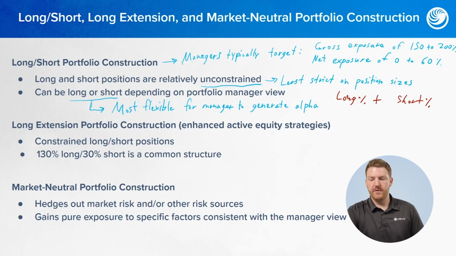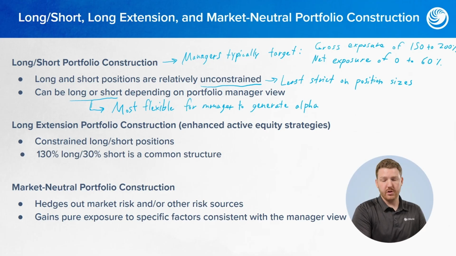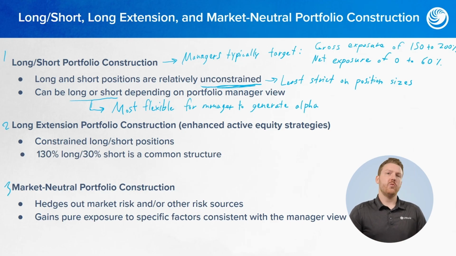So if you were 50% long and then you were 50% short, then your net exposure would come out to about 0%. So long and short positions are relatively unconstrained. Of all of these 3 methods that we're talking about on this slide here, this one is going to be the least strict on position sizes.